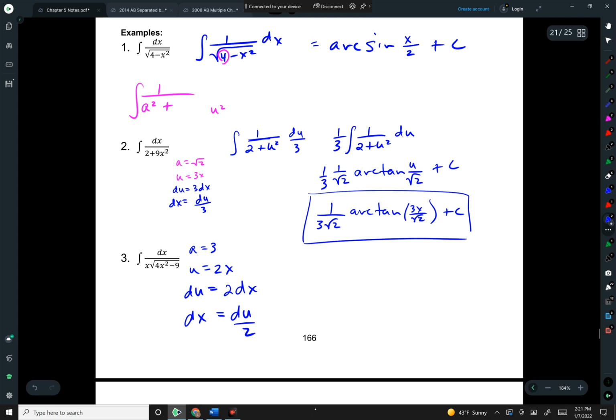So I've got the integral of 1 over x square root of u squared minus 9, and then in place of dx, I have du over 2. All right, I can't integrate if I have both u's and x's. U's cannot be in the same integral with x's.